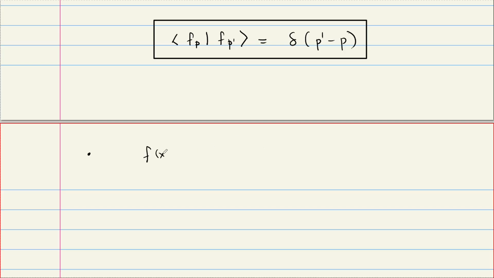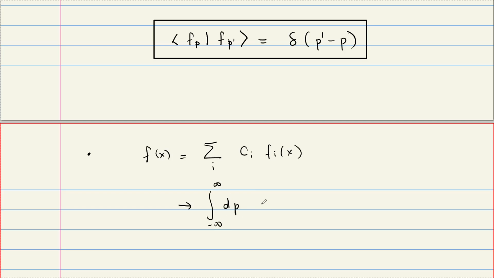We say f(x) can be written in terms of eigenfunctions of this Hermitian operator, but in the continuum case this discrete sum should go to an integral, and this is dp. I have a problem in my notes.